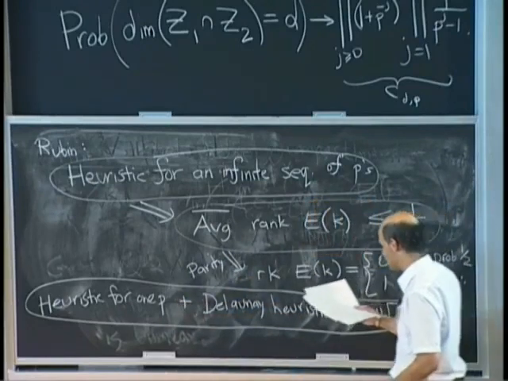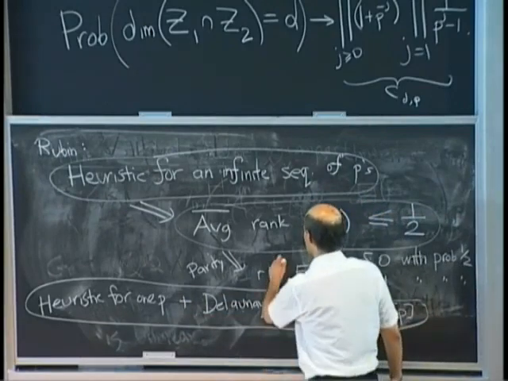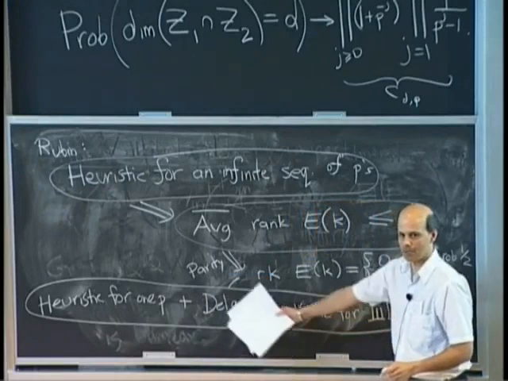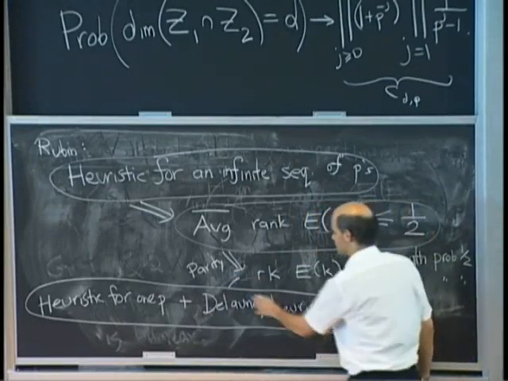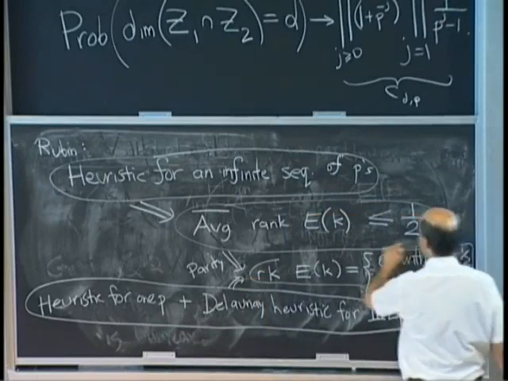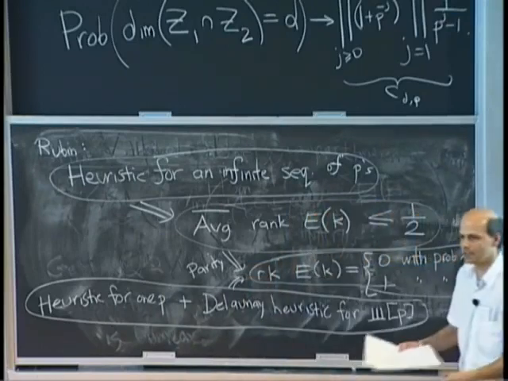And it turns out that, again, there's only one distribution on ranks that's compatible with both of these heuristics. And that's this one, where rank is 0 or 1 with probability 1/2 each.